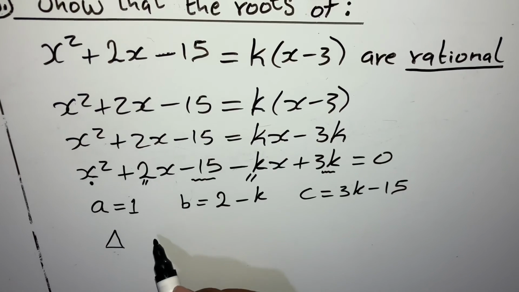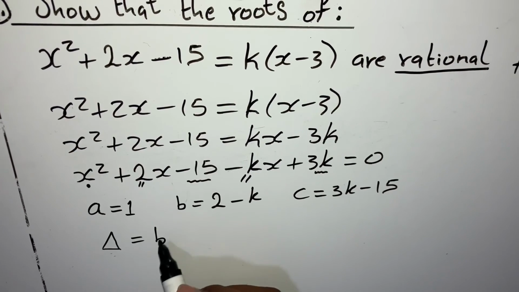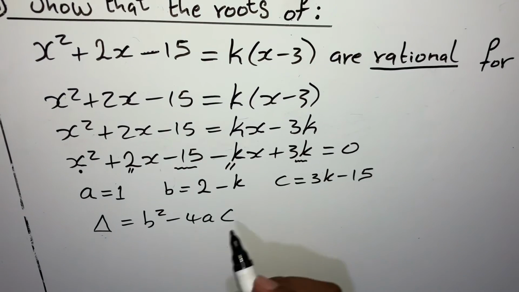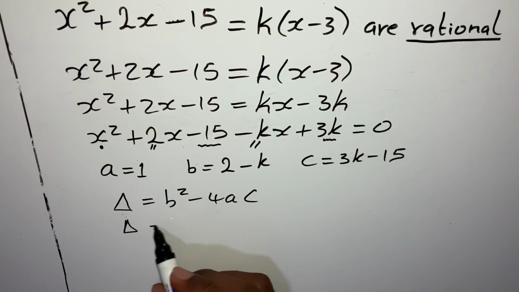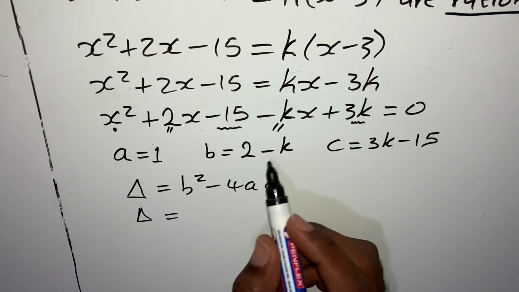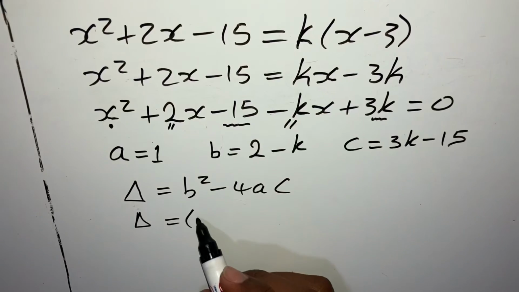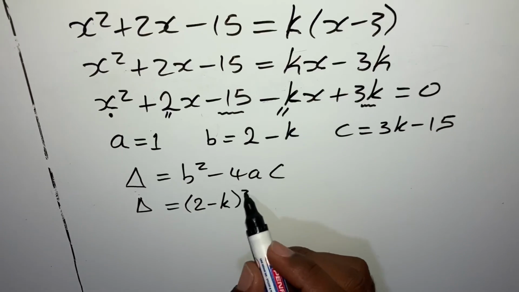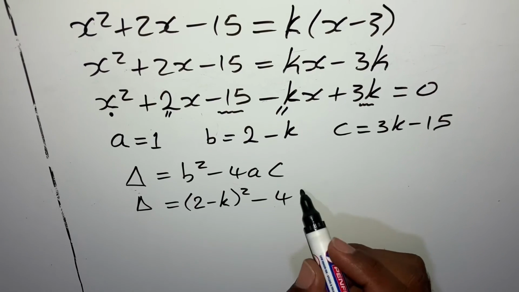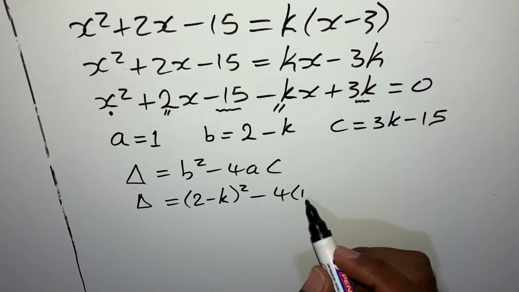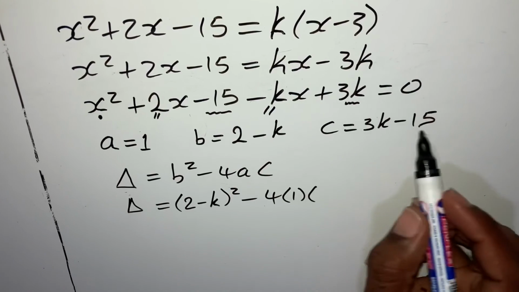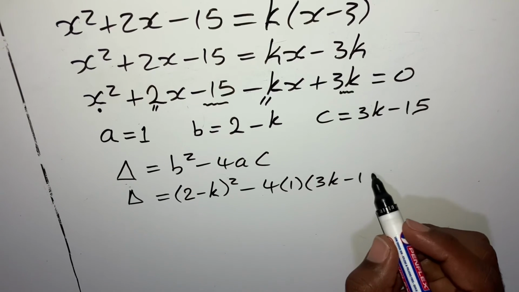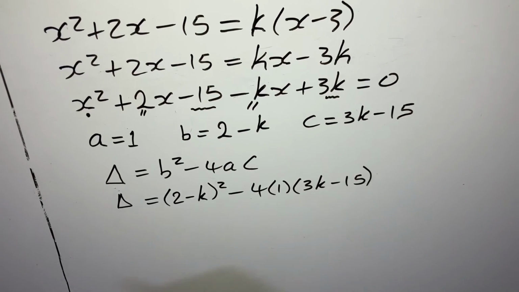Then from here, we can go on to find our delta being b squared minus 4ac. Then our delta, our b is 2 minus k, so it's (2 minus k) squared minus 4. My a is 1. My c is 3k minus 15.